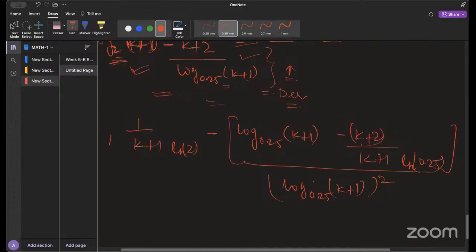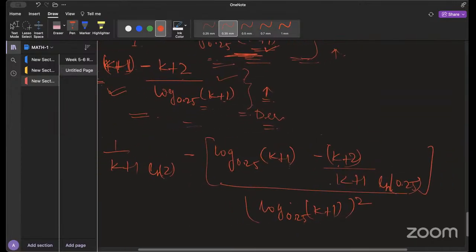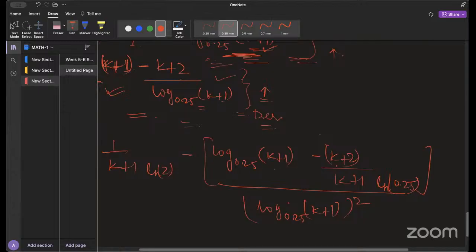Now we need to find if this is positive or not. Doesn't look like it's always positive.